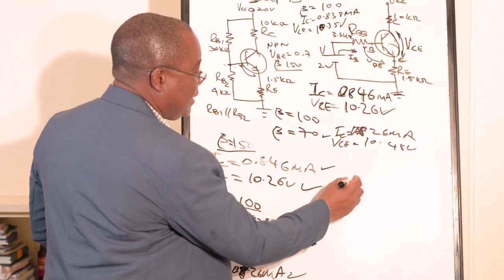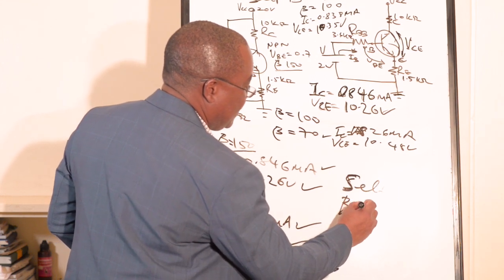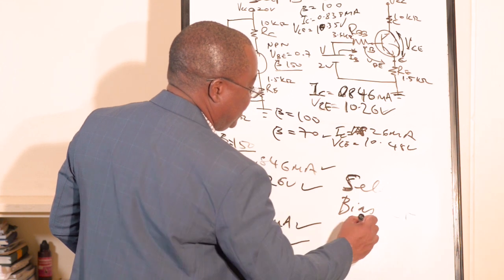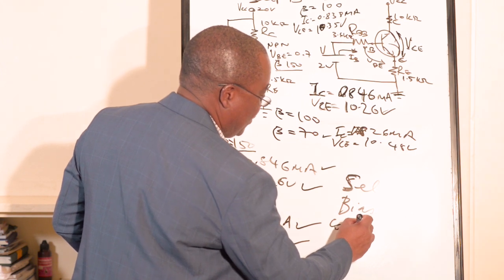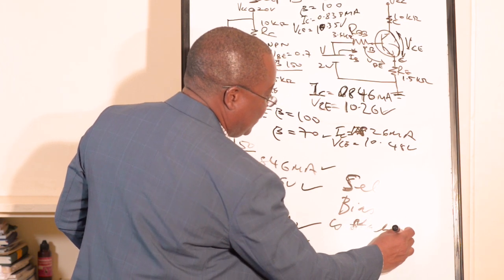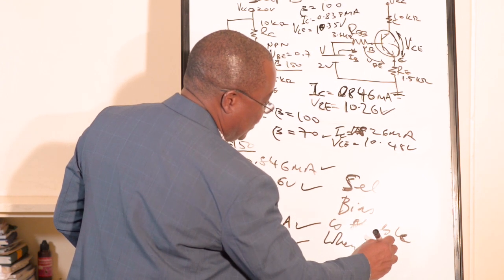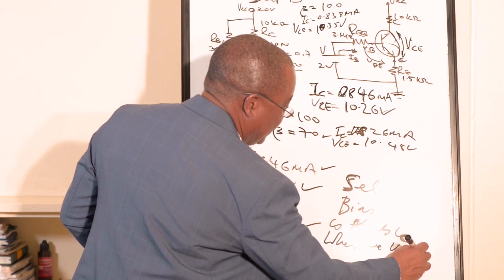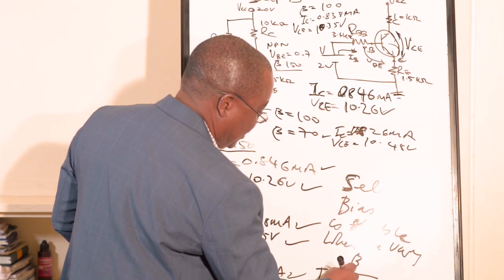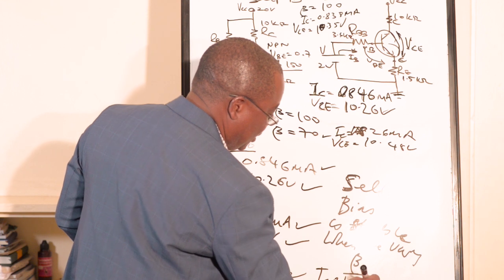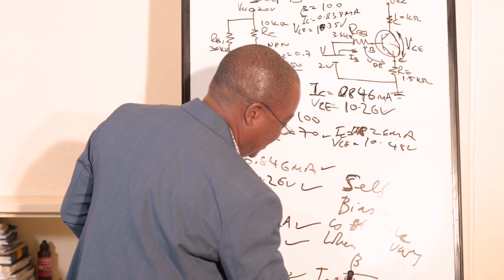So self bias circuit is more stable when we vary beta, because we have seen collector current and collector emitter voltage very slight change.